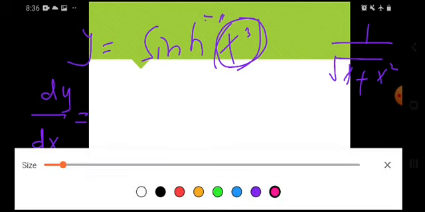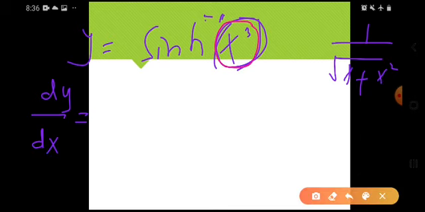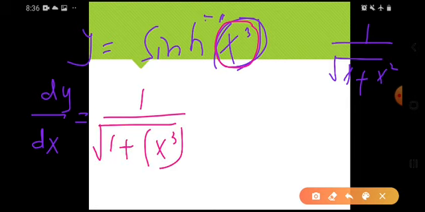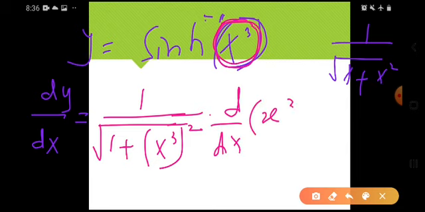My x here is this x cube, so I will be applying it. I will be saying, okay, 1 divided by radical of 1 plus x square, done, into, क्या हम इस x cube को unattended छोड़ दें? No, we have to find the derivative of this x cube as well, जैसे हम further derivative कहते हैं. So it would be like this.